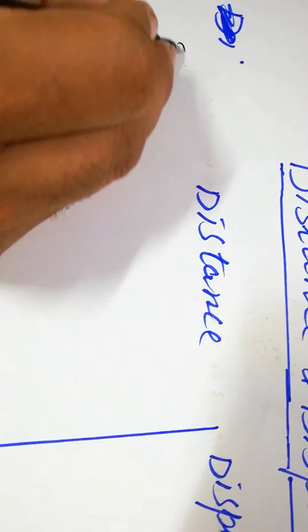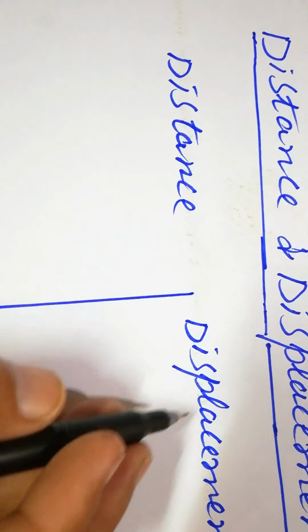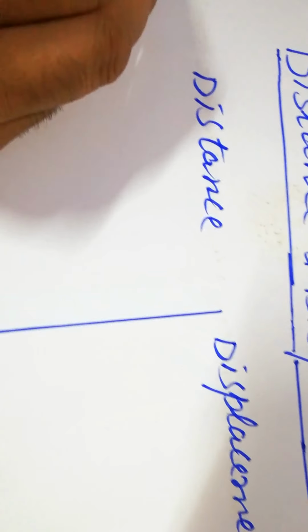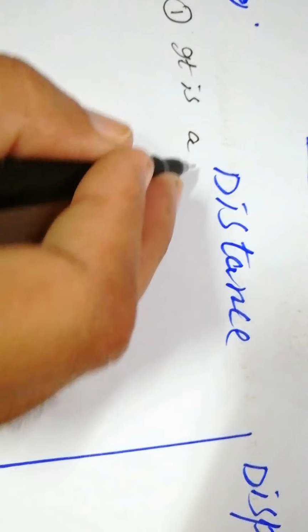So I'm writing the first definition. On the one side we have the distance, and on the other side we have the displacement. Distance is a real path.